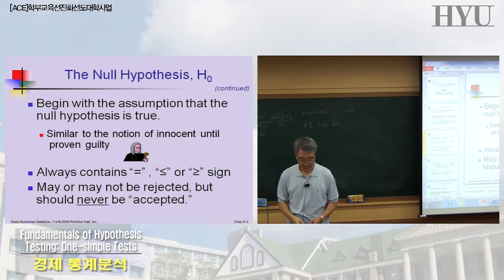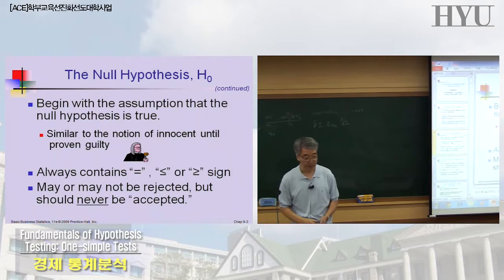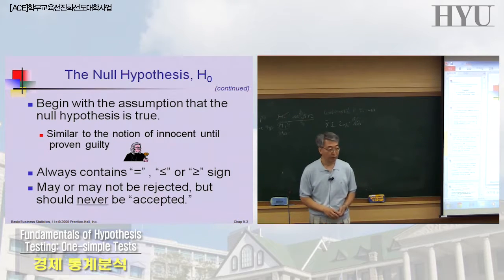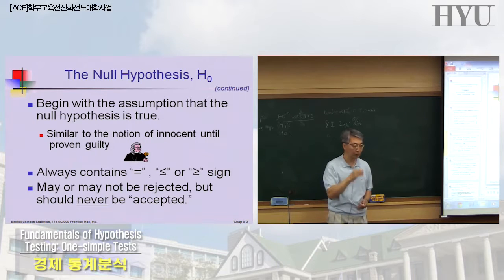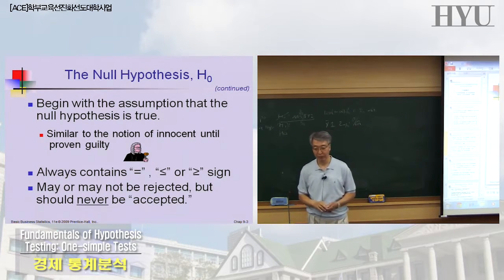The most important thing you have to remember here is you should never accept the null hypothesis. If you find sufficient evidence to reject it, then you will reject it. If you don't find sufficient evidence, then you should simply say, do not reject or cannot reject. You should never accept it.